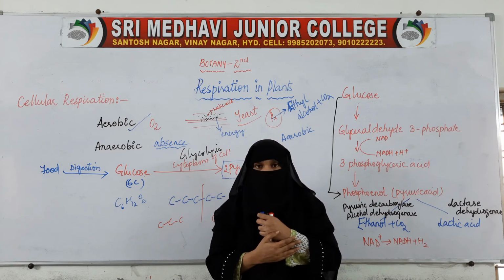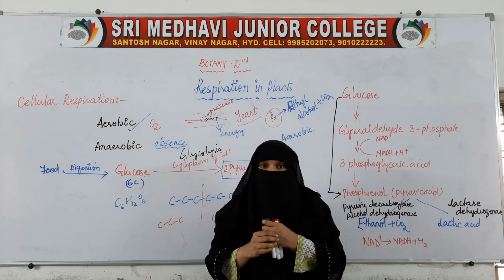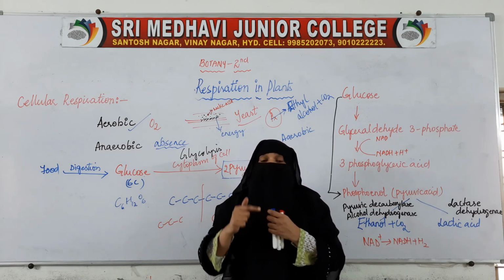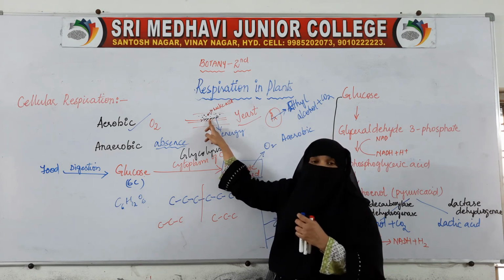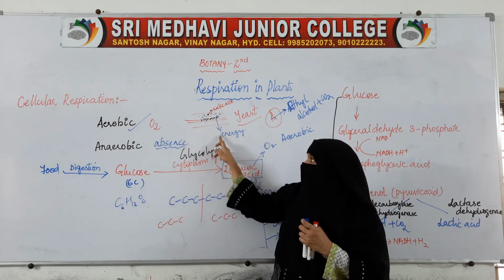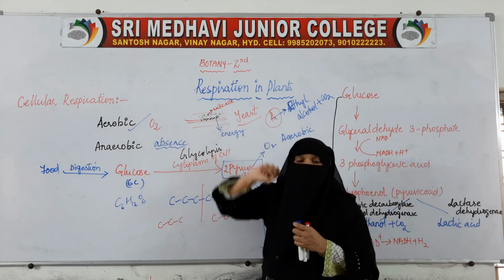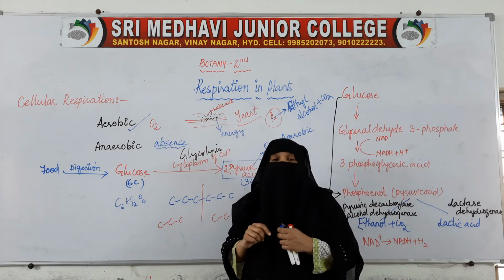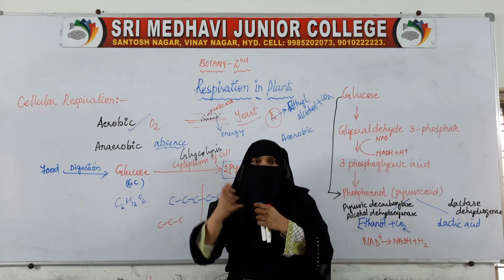If oxygen was there, cells would release carbon dioxide and energy would be produced. But these cells are respiring in the absence of oxygen, so they produce lactic acid. It will not be released; it will be accumulated.